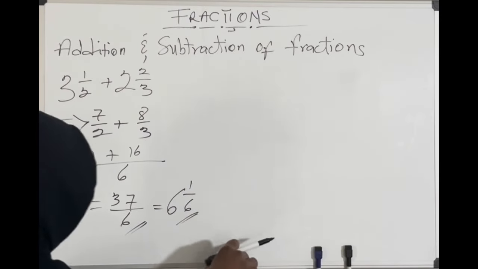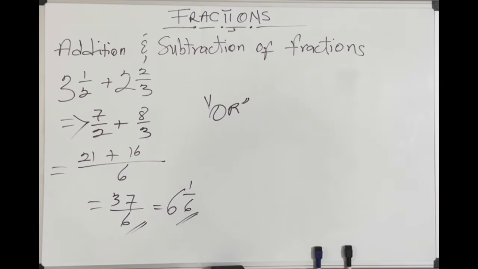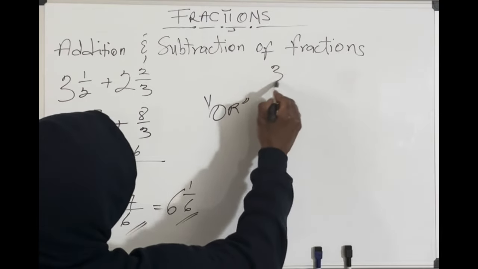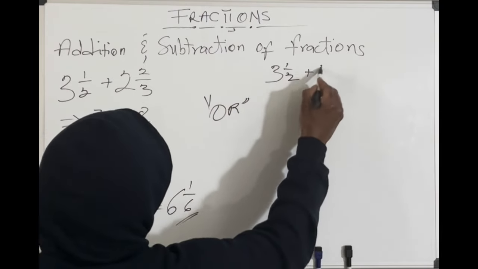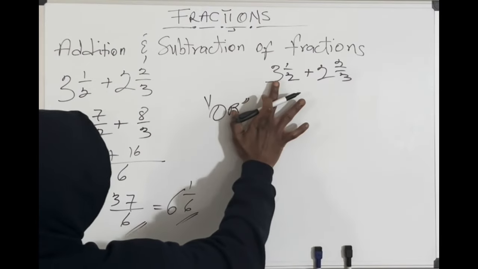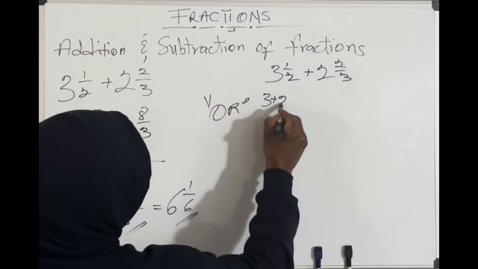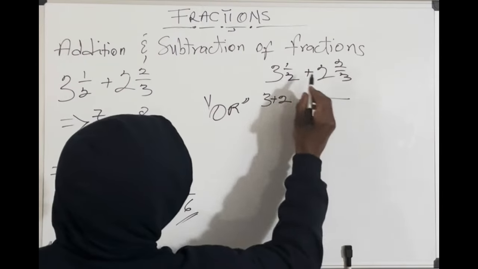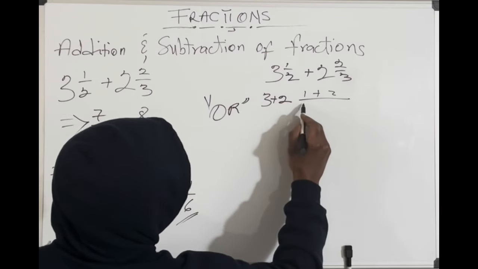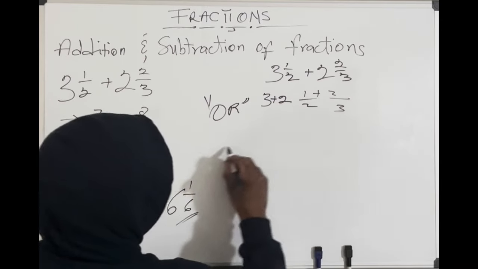Now let's see the second method. So 3 whole number, 1 over 2 plus 2 whole number, 2 over 3. Okay. So first of all, we add the whole numbers, 3 plus 2, and then we go on to the fractions, 1 over 2 plus 2 over 3.